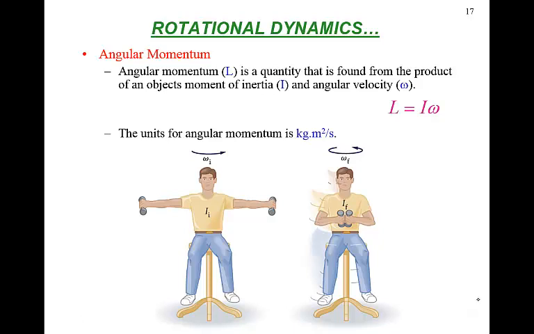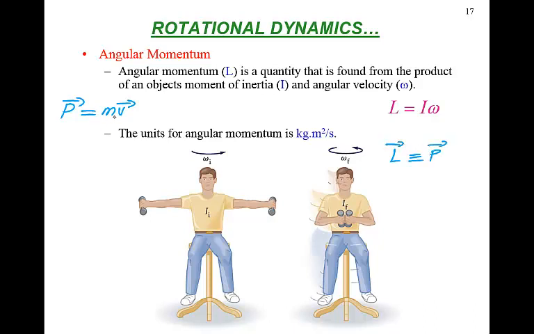Angular momentum. The equivalent concept that we have introduced for linear motion is the linear momentum, p equals mv. By comparing the two equations, you can easily relate the linear momentum to the angular momentum.